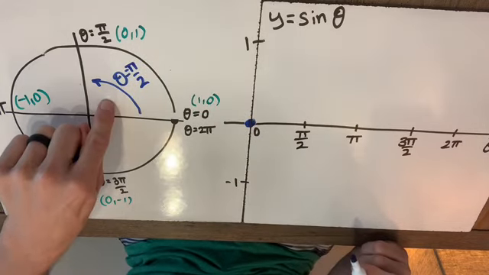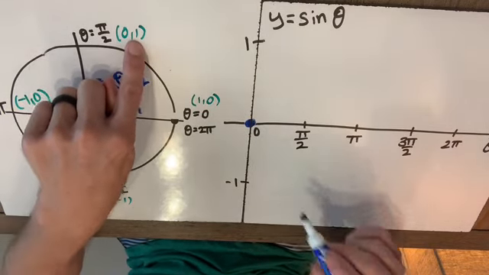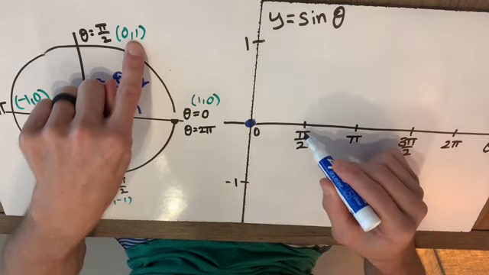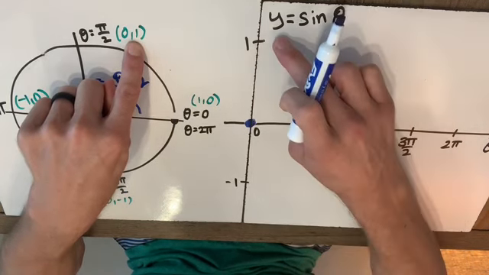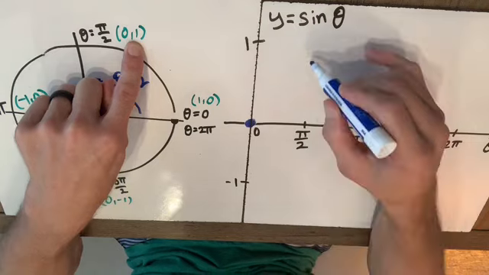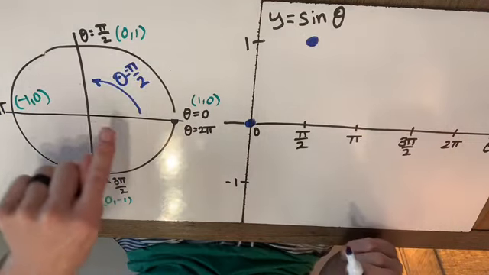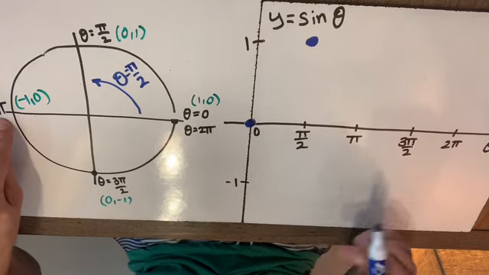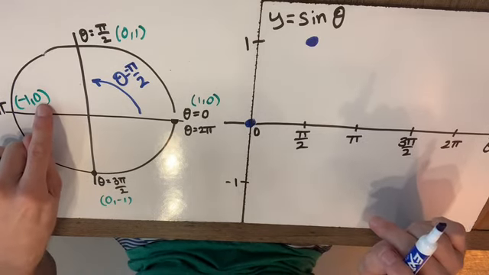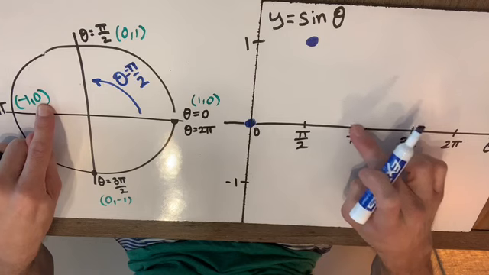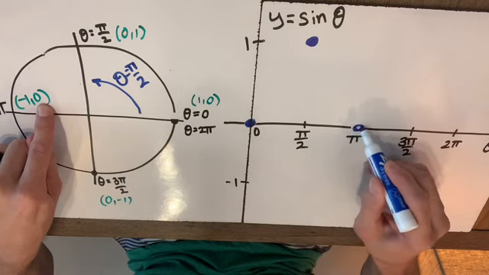At pi over 2, sine of pi over 2, we know is 1. So when the angle is pi over 2, our input is pi over 2, our output, the function value, is 1. When the angle goes to pi, our y, or our sine value, is 0.